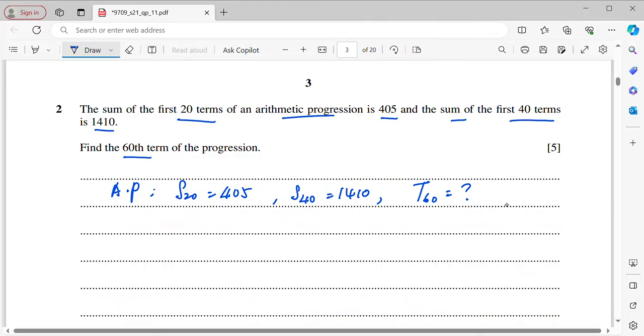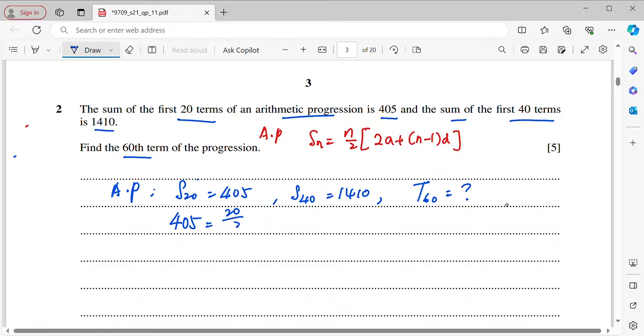For your information, Sn, the sum of the first n terms, equals n over 2 times (2a plus (n minus 1)d). This is the sum of the first n terms for an arithmetic progression. So now here, I will replace 405 is S20, n equals 20.